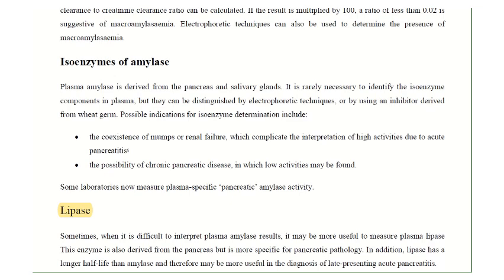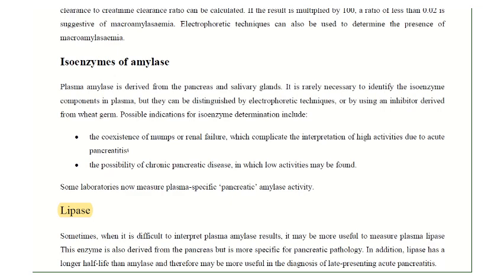It is rarely necessary to identify the isoenzyme components in the plasma. إذن نادرا ما يكون ضروري لتحديد isoenzyme components in the plasma, but they can be distinguished by electrophoretic techniques or by using an inhibitor derived from wheat germ. إذن لكن ممكن أنه can be distinguished بواسطة electrophoretic techniques or by using an inhibitor اللي هو derived from wheat germ.